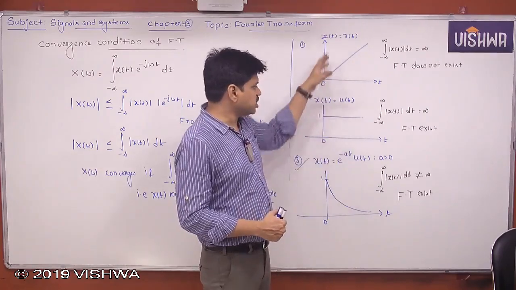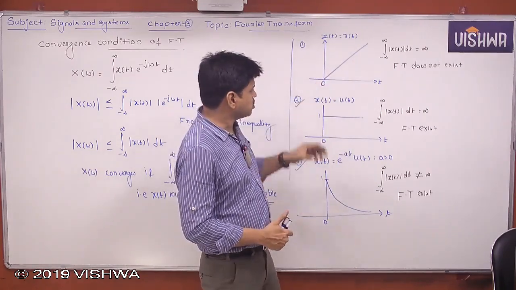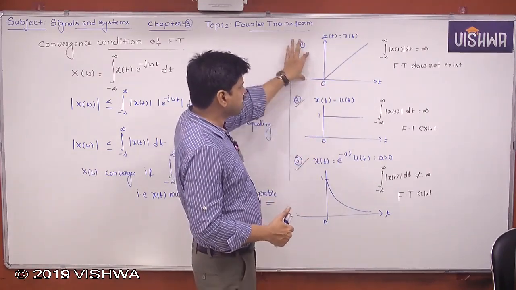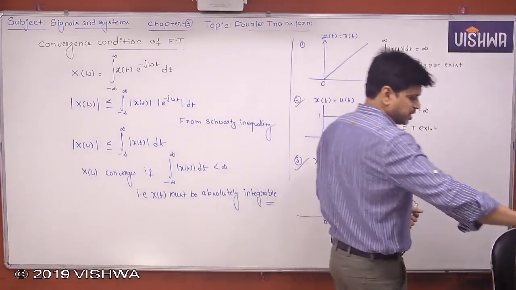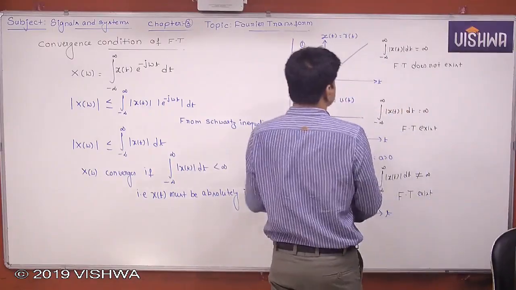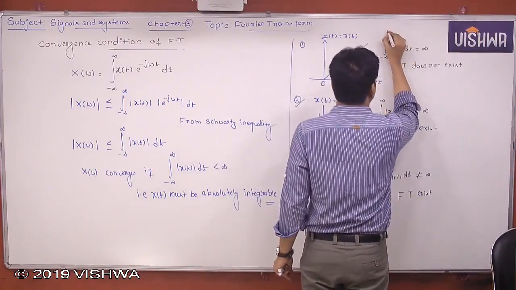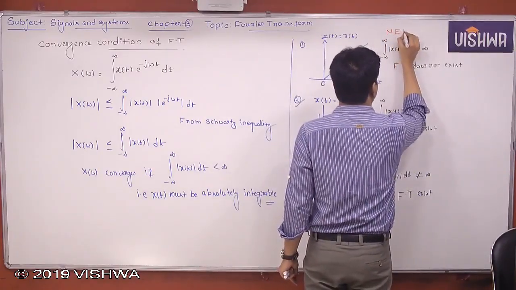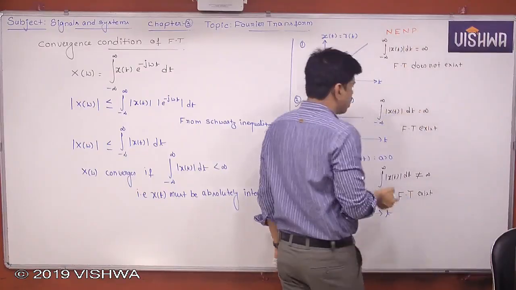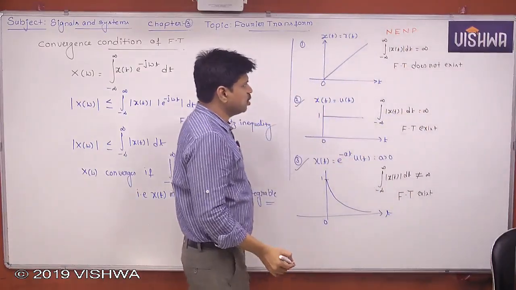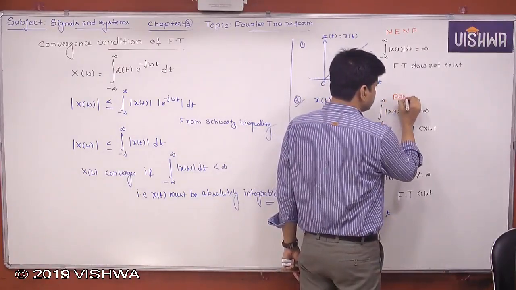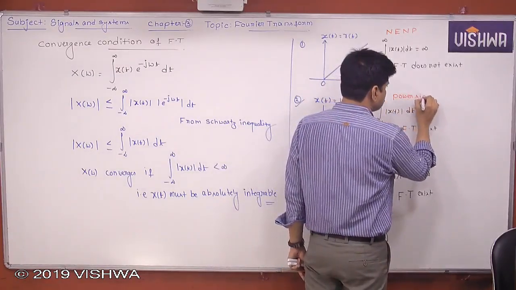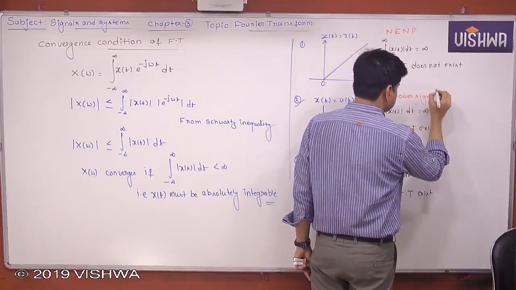So let's take these three signals in a different manner. Consider this signal. Can I call this signal neither an energy nor a power signal? Yes, it is an unbounded signal, so we can name it a neither energy nor power signal. What about this signal u of t? It is a power signal.